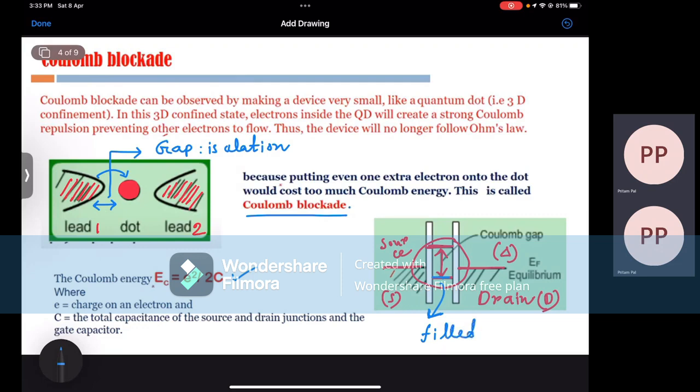Let's say this is a filled state, and this is a filled state. The electron exists in this state, so we can call it our filled state. And this we can call an empty state.